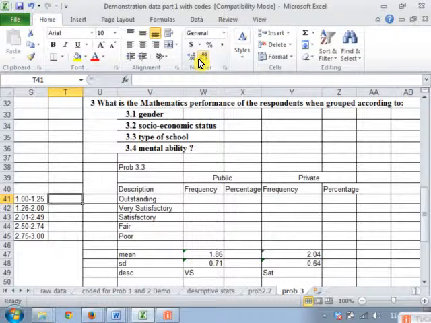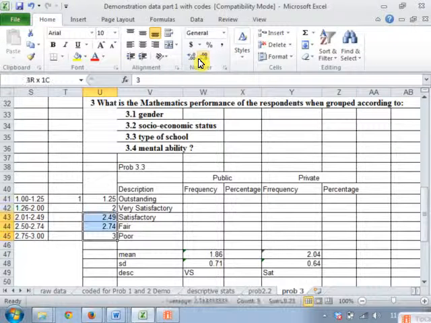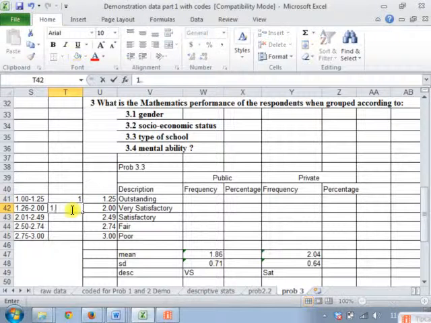So it's going to be 1.00 to 1.25, and then we have 2.00, 2.49, 2.74, and 3, correct? Okay, ma'am, wala nag 2 decimal, so I'm gonna increase their decimal place. You can write the rest here: 1.26, 2.01, and then 2.5, and then 2.75.